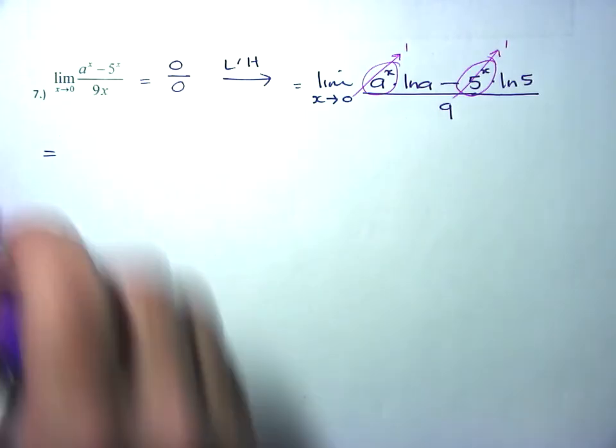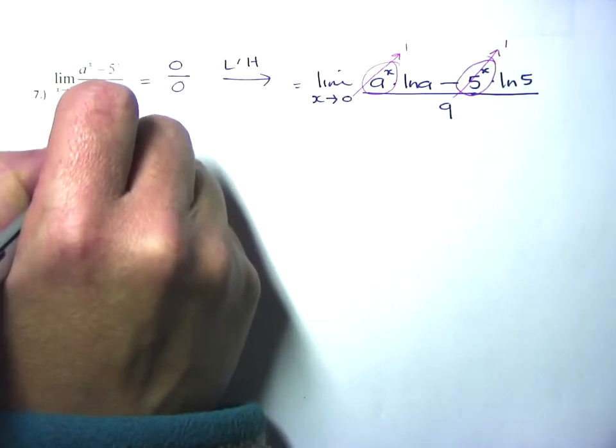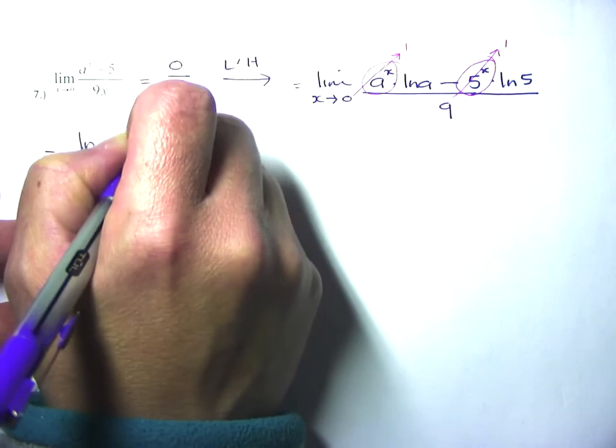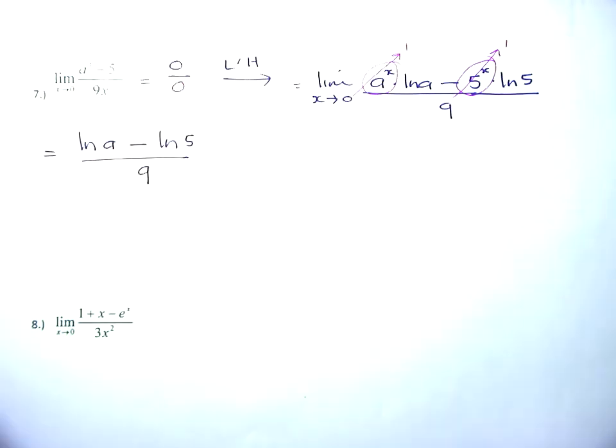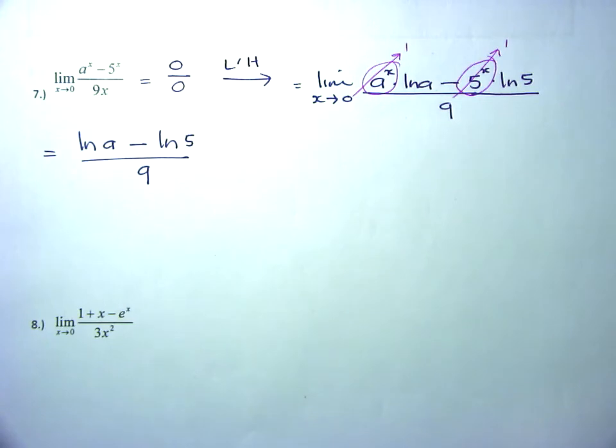So we're simply left with the natural log of a minus the natural log of 5, divided by 9. Right now I can't simplify any more than this, but had the value of a been known to me, this is a value that I could plug in my calculator to get a constant value for my answer. We will leave our answer right here.